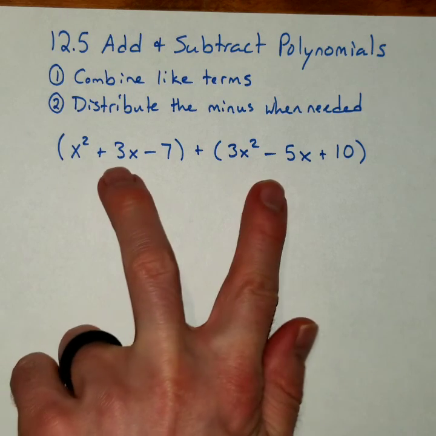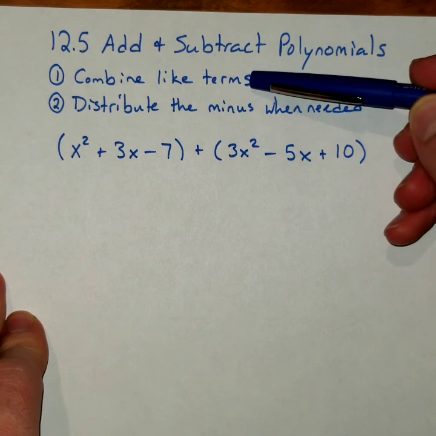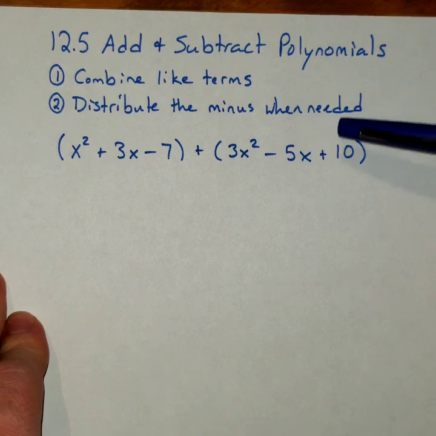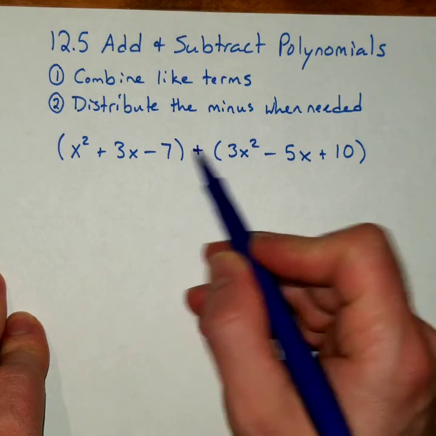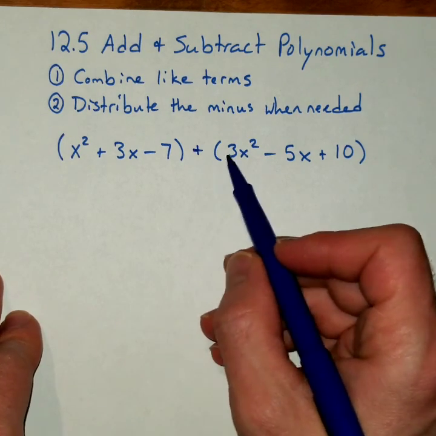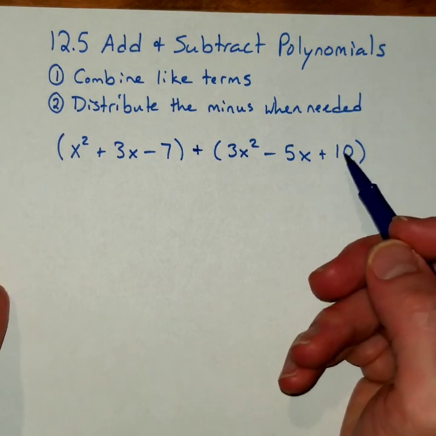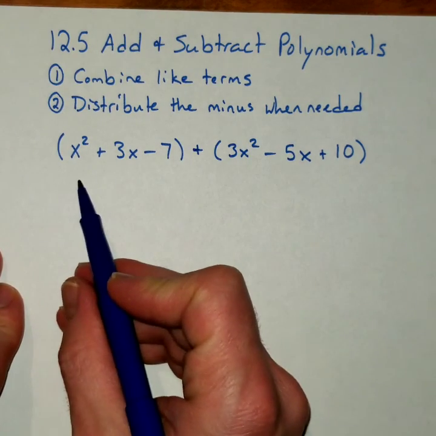They're both trinomials because they have three different terms. Again, the main idea here is to combine like terms and to distribute the minus when needed. Here we have a plus, and when we're adding two things, we don't really need to distribute. We can distribute the plus, but it doesn't change anything. So we're really just looking to group together the like terms.